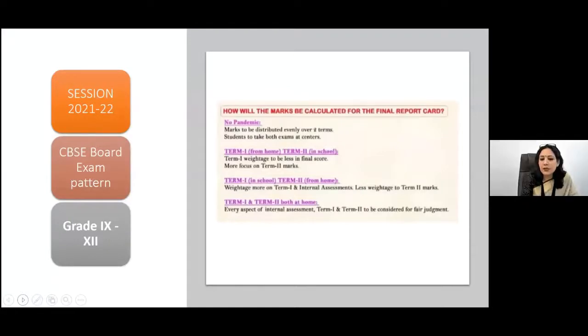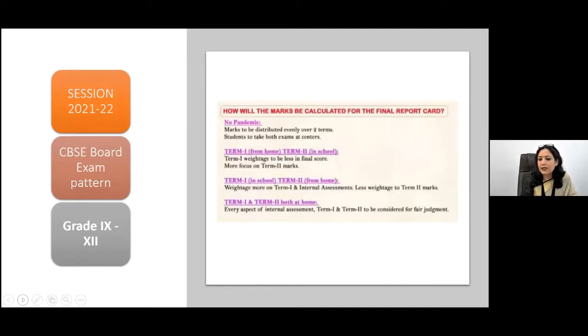Final assessment. Here we can see situation 1 as per CBSE. If it is a normal situation, both the term 1 and term 2 exams will be conducted in the external examination centers, with equal weightage for both the terms. Whichever exam the child appears for from home, in case of a severe pandemic situation, the weightage will be less.